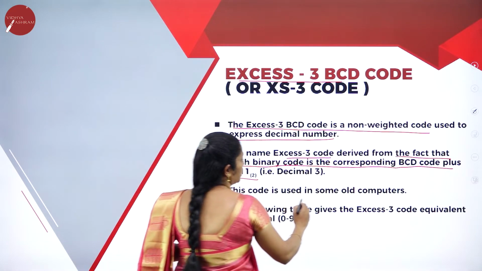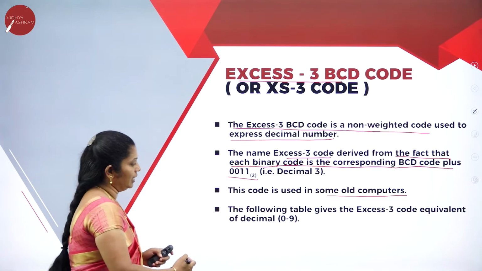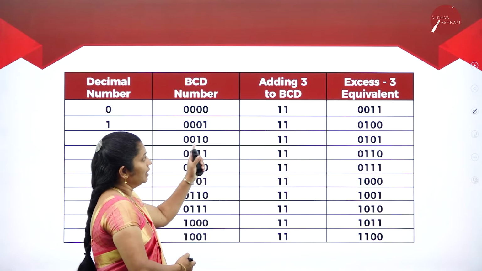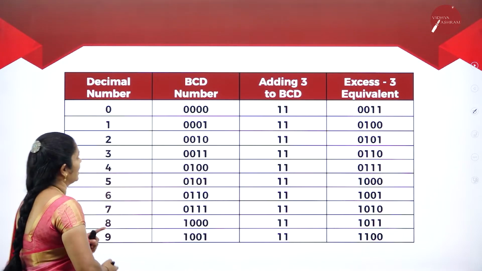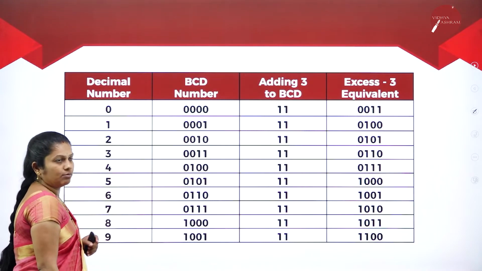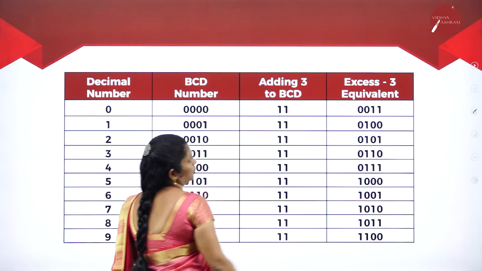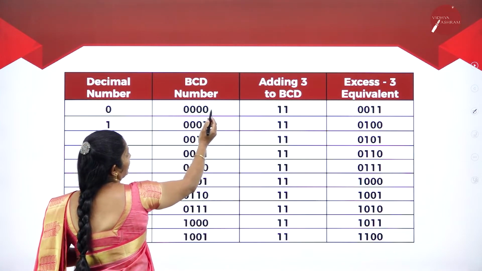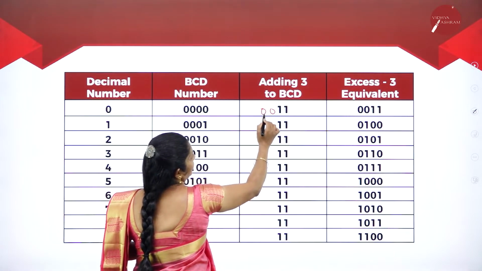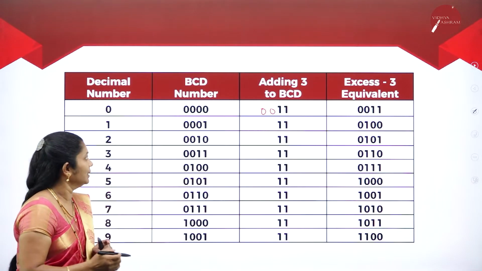This code is used in some old computers. Here I am going to show you the table, which represents the XS3. For example, 0. The BCD code is four 0s. But when you add 3 to BCD, we get 0011. That means we are adding 3 here.